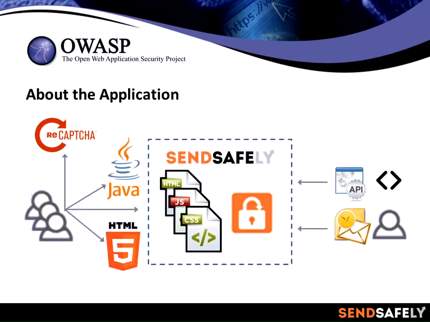Before I hand it off to Erik to talk about the first and main category of content, which is JavaScript, I want to provide a little bit of context about our application, because it's going to be important as we go through our thought process today. At Send Safely, it's a web application, so we have a web front end that's very typical of most web front ends. We've got HTML, JavaScript, CSS, and so forth.